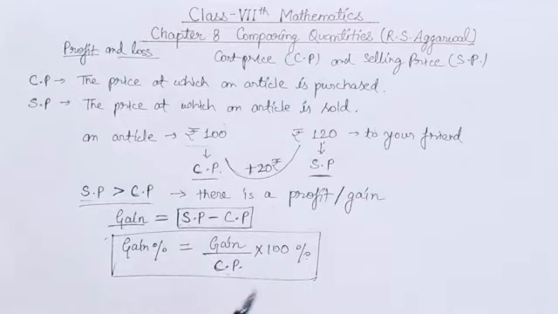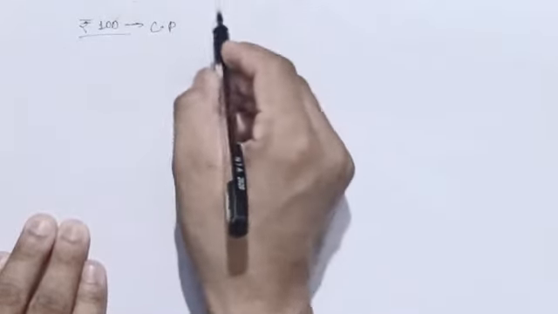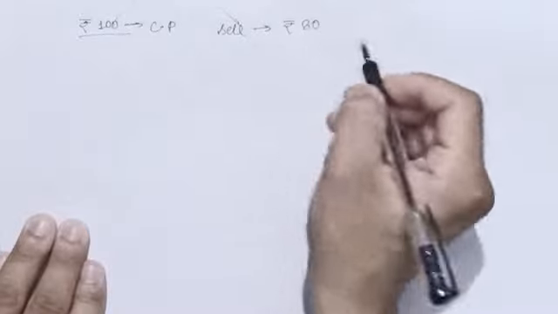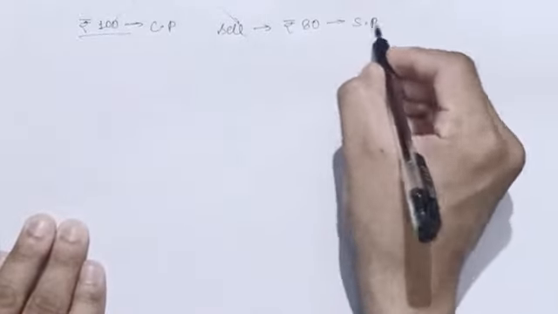Now, students, suppose that you purchased an article for rupees 100, then it means it is the cost price of that article. But this time, you sell this article to your friend at rupees 80. So rupees 80 must be the selling price of that article.